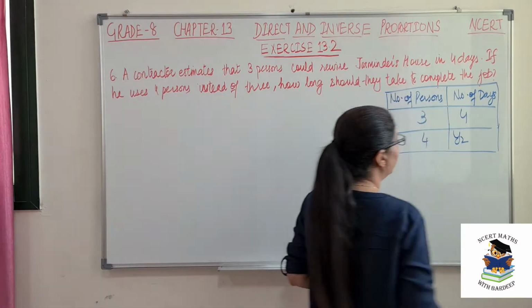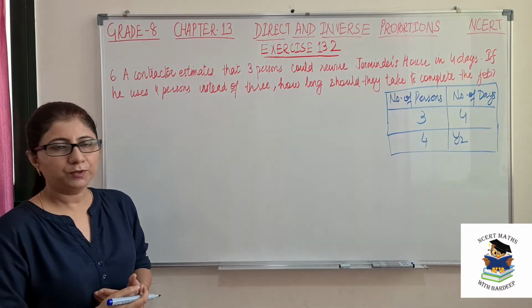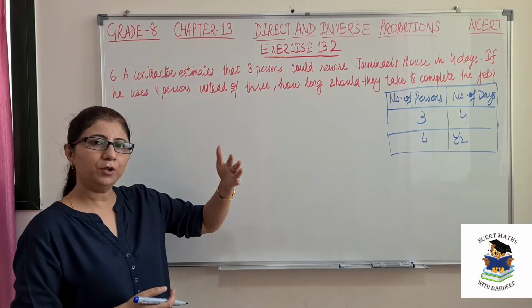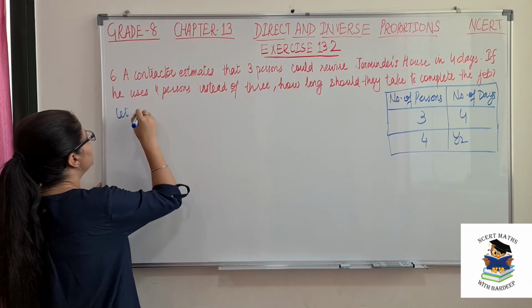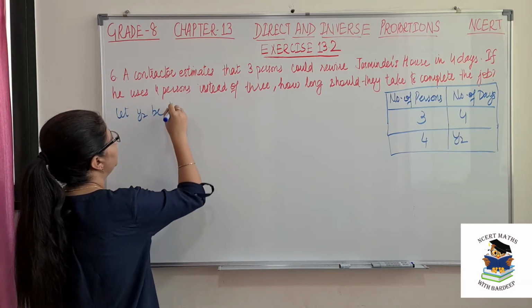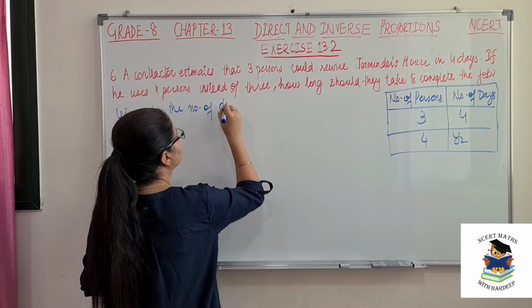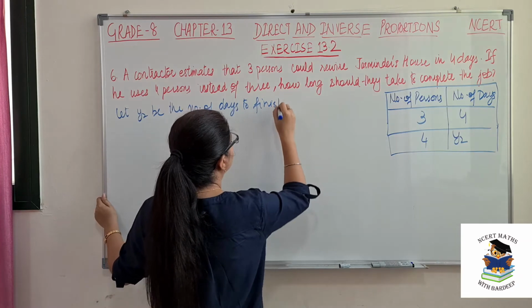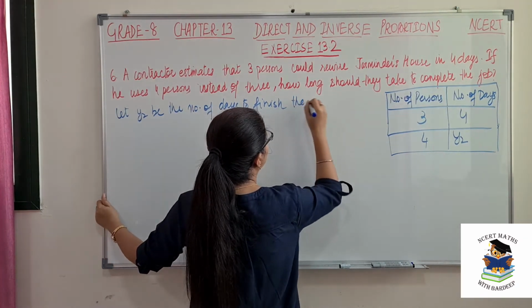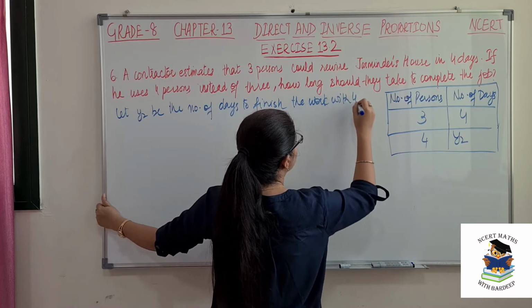Let it be y2. As I have already explained, this will be inverse proportion because the more people, the fewer days. So first assume, let y2 be the number of days to finish the work with 4 persons.